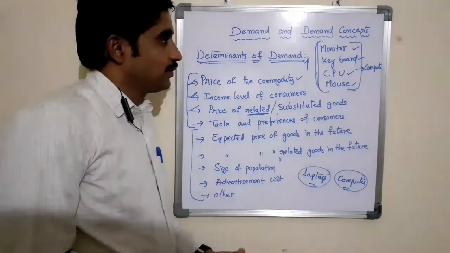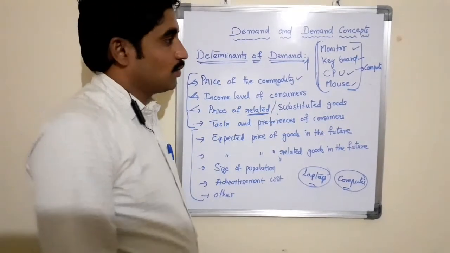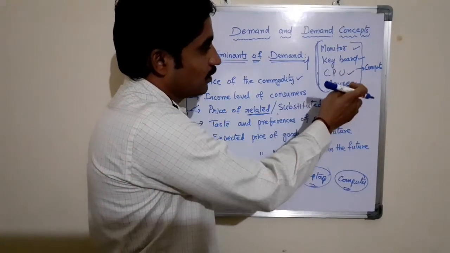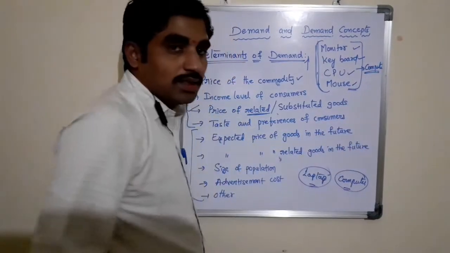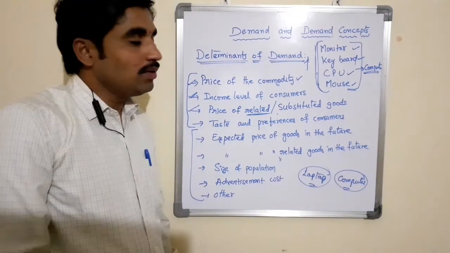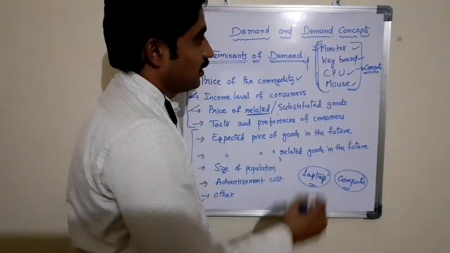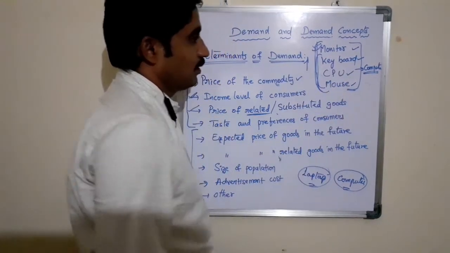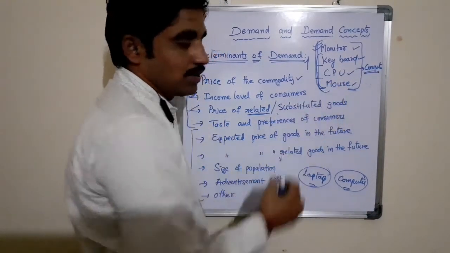So here, these are all called complementary goods. Monitor, keyboard, CPU, mouse. Then only it is possible to use as a computer. So if there is any change in the price of the monitor, there is a change in the quantity demand of keyboard, CPU, mouse.